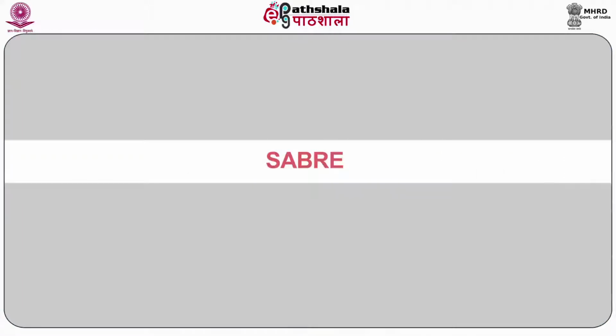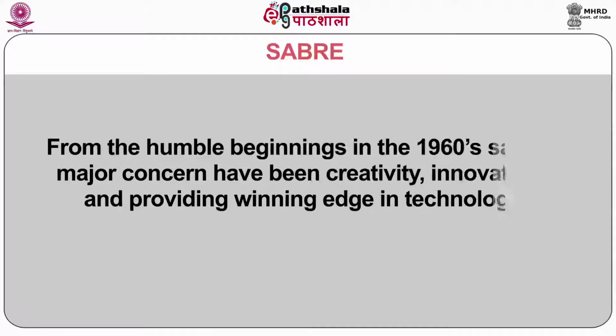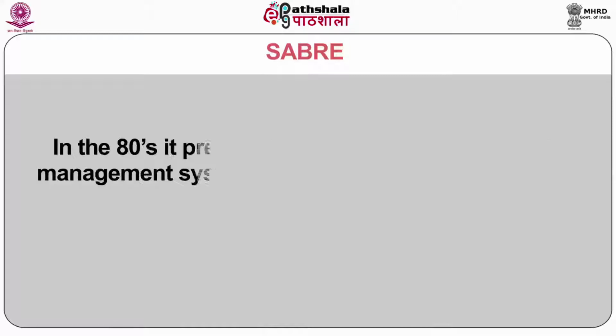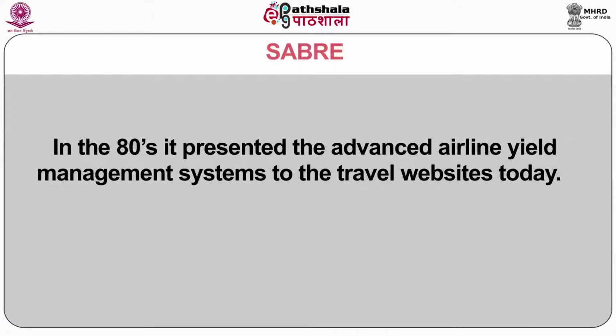Dear students, let us now discuss Sabre. From the humble beginnings in the year 1960, Sabre's major concern has been creativity, innovations, and providing a winning edge in technology. In the 80s, it presented the advanced airline yield management systems, and to the travel websites today, Sabre has proved its forte in every aspect of travel technology.